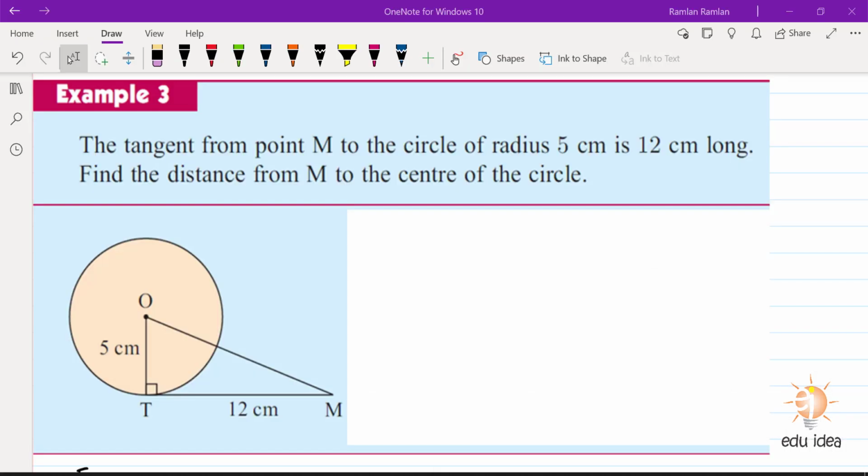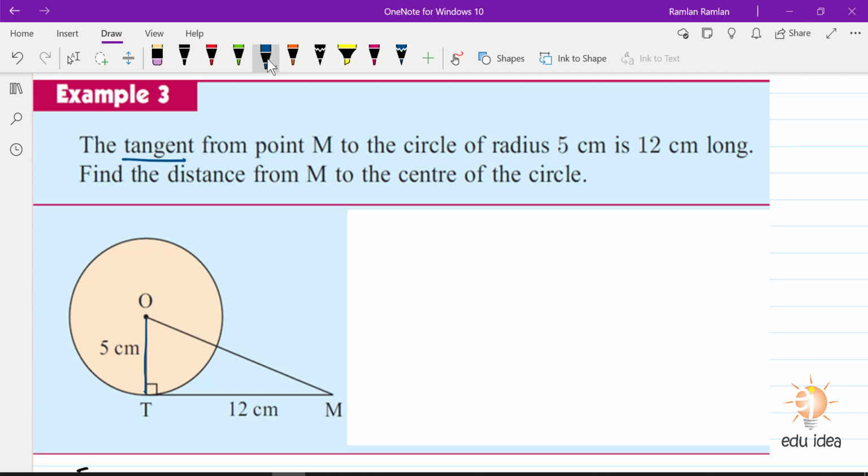Example 3. The tangent from point M to the circle of radius 5 centimeters is 12 centimeters long. Find the distance from M to the center of the circle. Now in here, it said that the tangent from point M, TM, means that we have a radius, this is the radius of the circle.